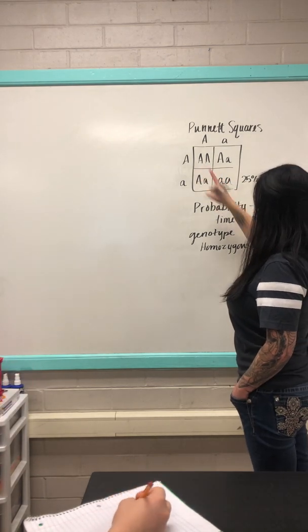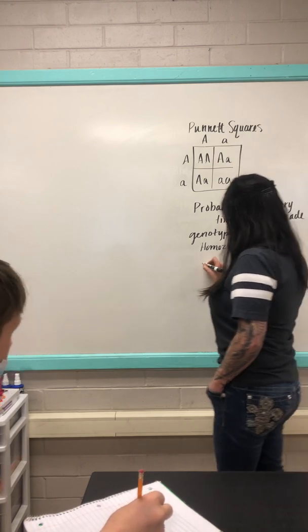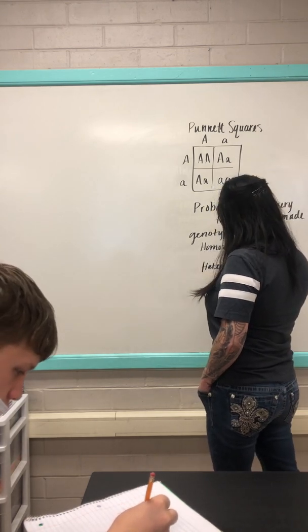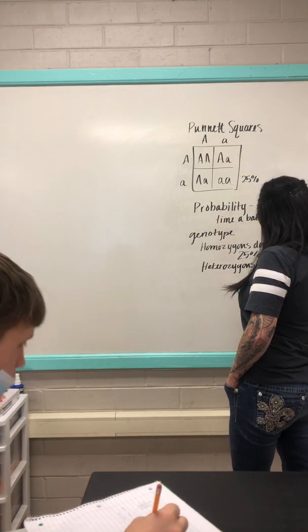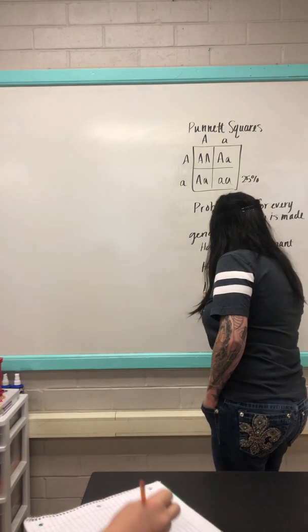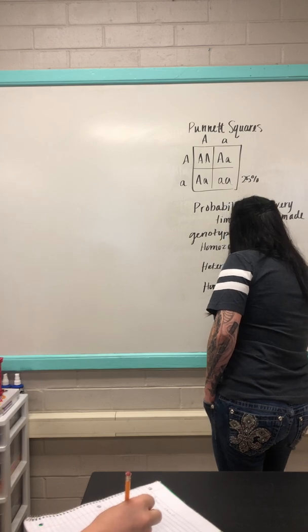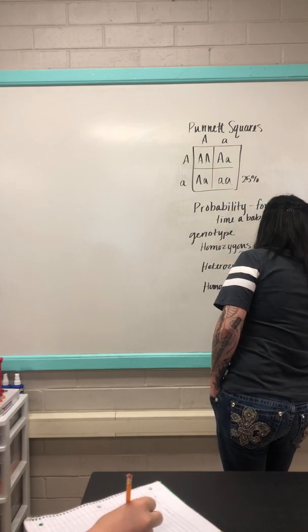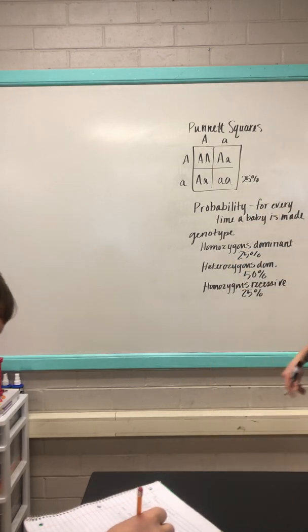Two big letters. So that would be 25%. Heterozygous dominant would be what? 50. And then homozygous recessive would be what? 25%. So that would be the genotype.